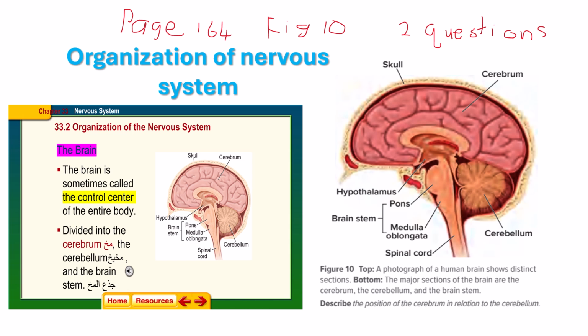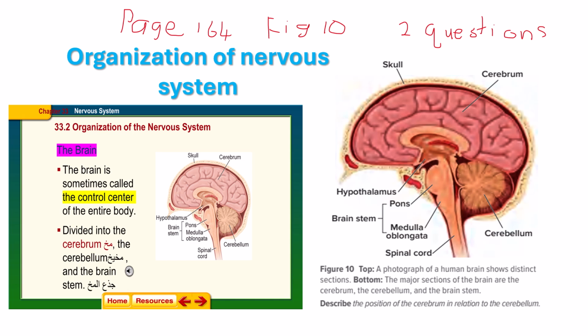Coming to the next slide, which is page 164, figure 10, you know the organization of the nervous system is divided into CNS and PNS, the central nervous system and the peripheral nervous system. The central nervous system mainly consists of the brain and spinal cord and the interneurons in it.